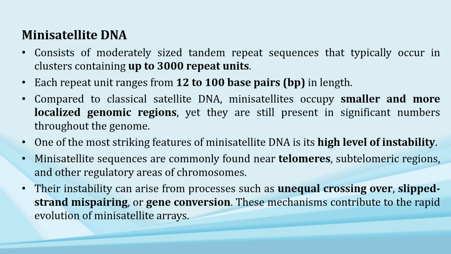One of the most striking features of mini satellite DNA is its high level of instability. They are commonly found near telomeres, subtelomeric regions, and other regulatory areas of chromosomes. Their instability can arise from processes such as unequal crossing over, slipped strand mispairing, or gene conversion.